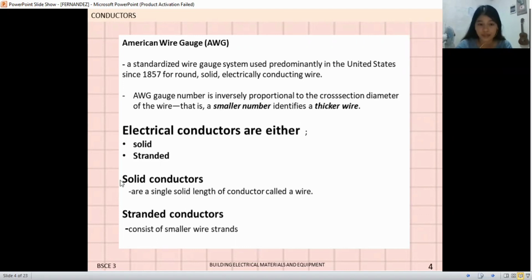Examples of solid conductors are copper and silver, the solids through which electricity can flow. The small wires twisted together are the stranded conductors.